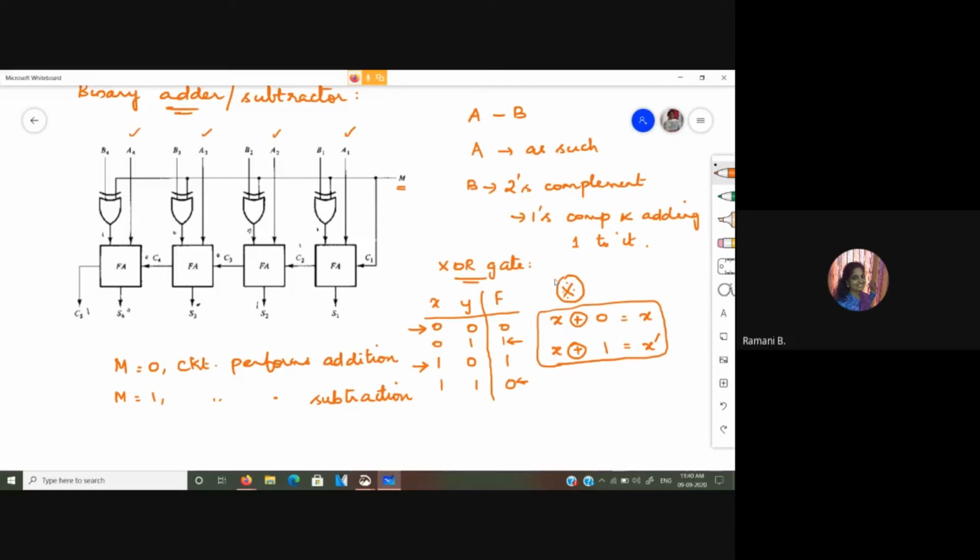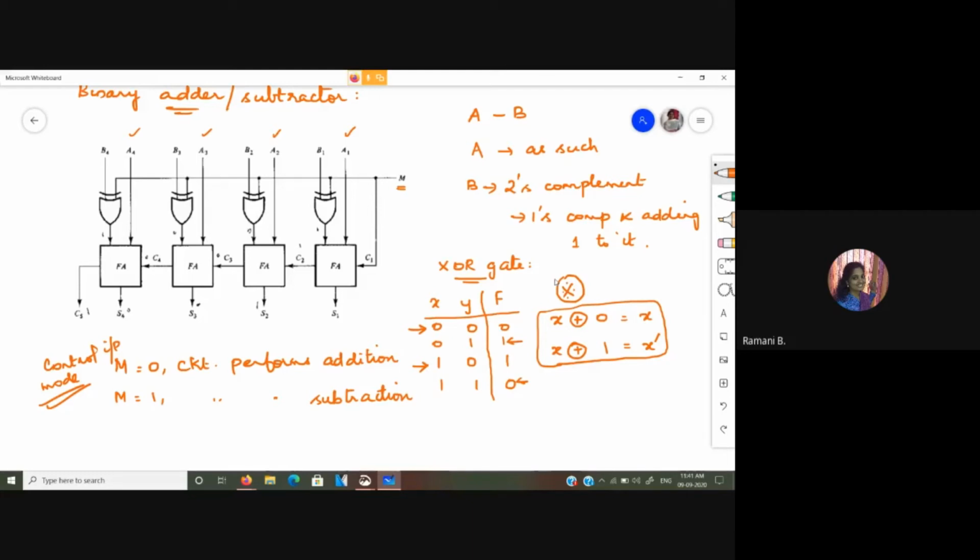For B alone, if you are going to perform addition, you are going to have the input as it is. If you are going to perform subtraction, we need the 2's complement. So here M is the mode or control input, in order to decide how the circuit is going to work, as an adder or subtractor. You cannot make a circuit work as both adder and subtractor simultaneously, right? You need to show some difference.